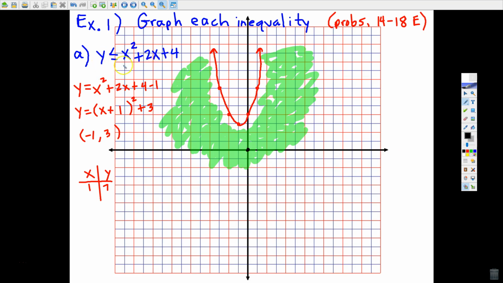So let's go up to this blue inequality, and if we substitute 0 in for y and 0 in for x, do we get a true statement? Is 0 less than or equal to 4? Well, obviously it is, and so now we have some assurance that if 0, 0 is in the shading, and it's true, then all of the other points in the shading will also be true when they are substituted in for x and y. Alright, so that is your answer for example 1a.